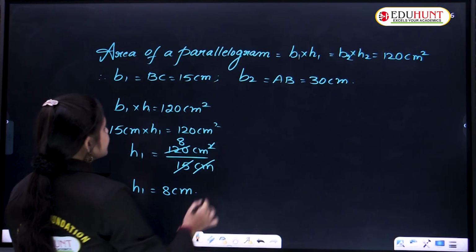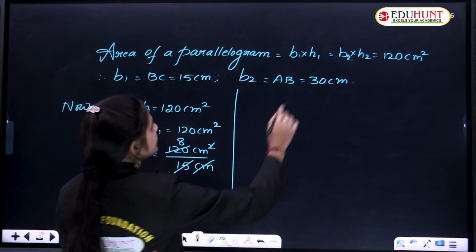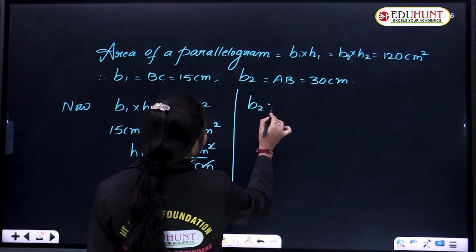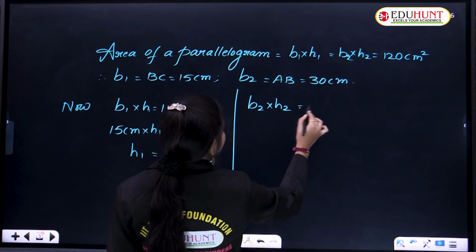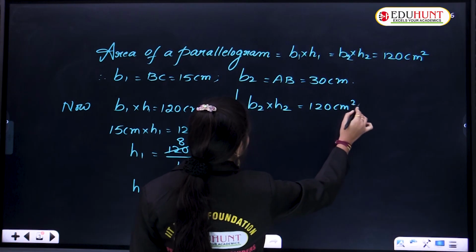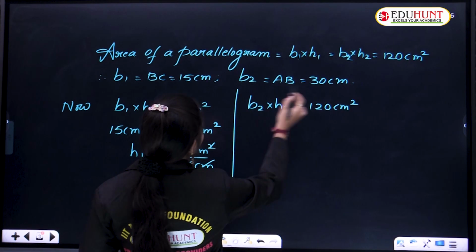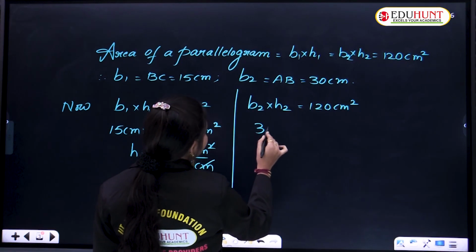And in the same way, B2 into H2 is equal to 120 centimeters square. What is the B2 value here? 30 centimeters.